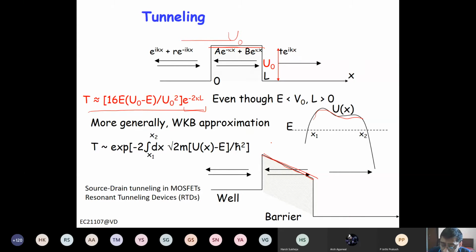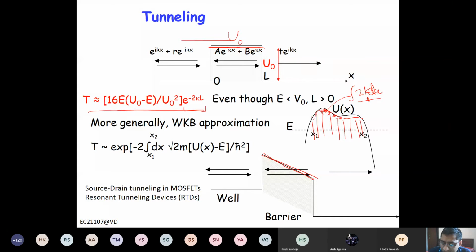So what we can do, we can divide this barrier into a number of points, right? And for each small section you can calculate 2kL, right? So for a small section you can assume that energy is some value. For that value of energy you can calculate k, and this L becomes dx here, right?